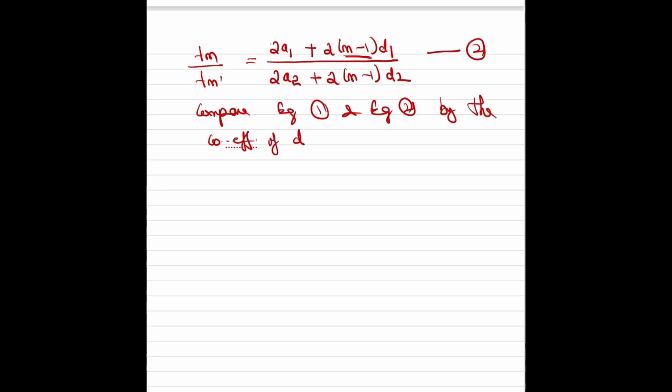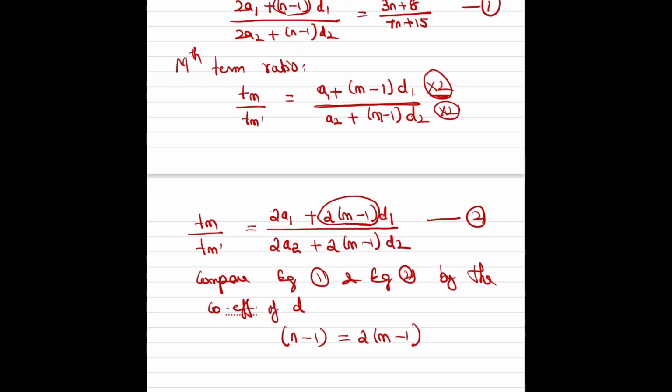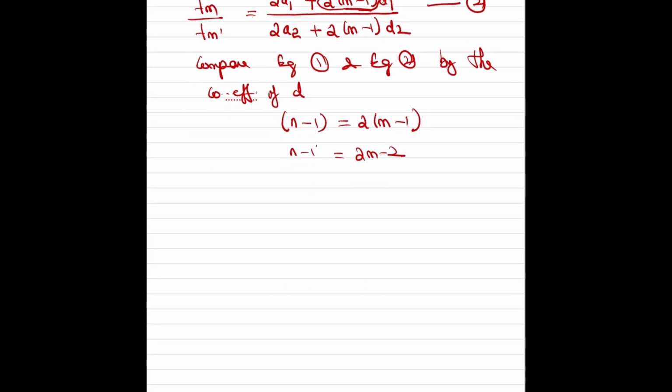So n minus 1 equals 2 into m minus 1, because all the other parts will go. Now n minus 1 equals 2m minus 2.